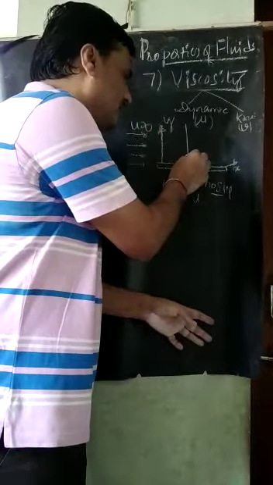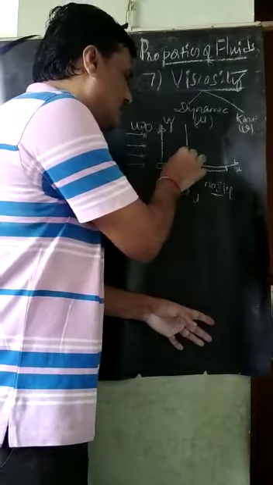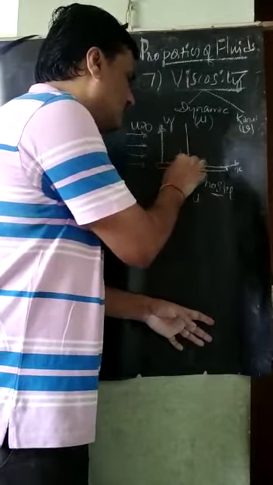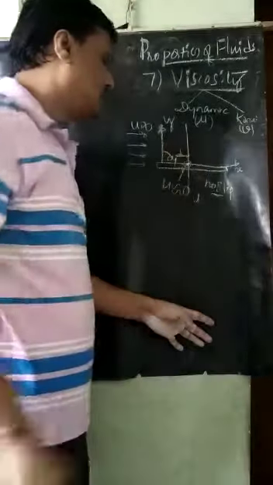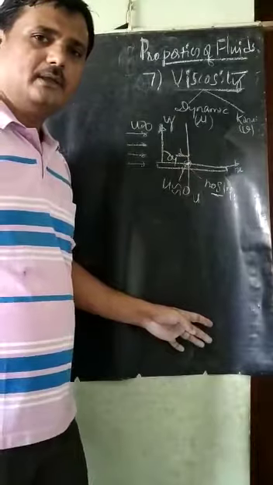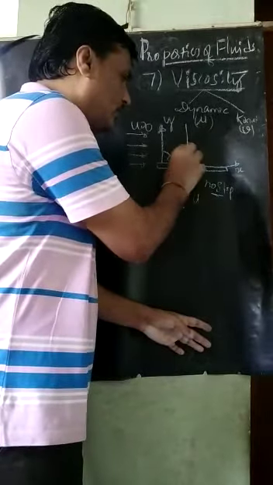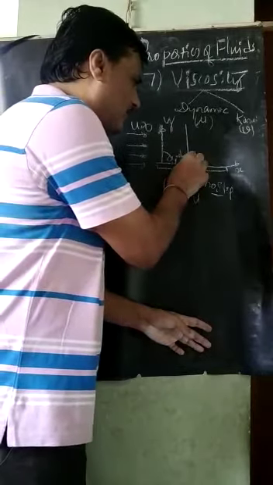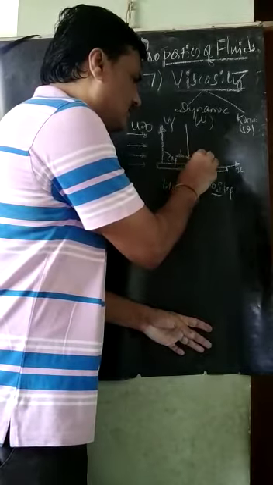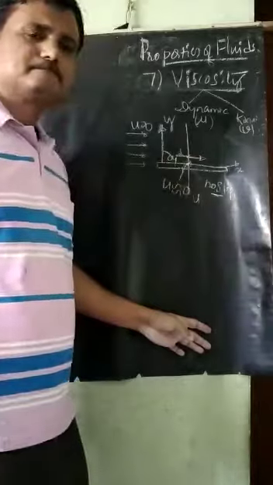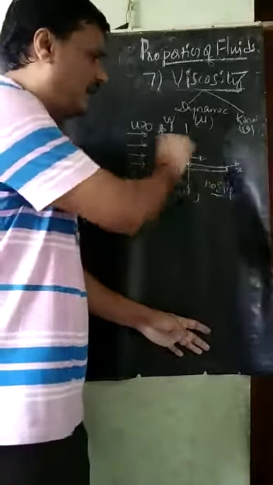That distance is dou y or dy. If I move a small distance, definitely at the upper point the particles have some velocity, with some magnitude and direction.